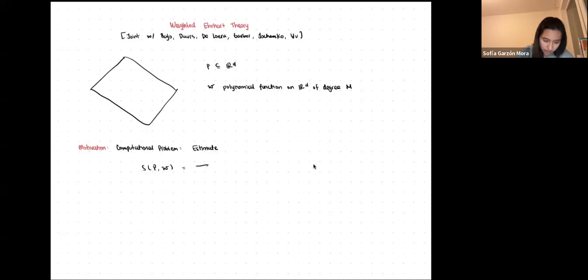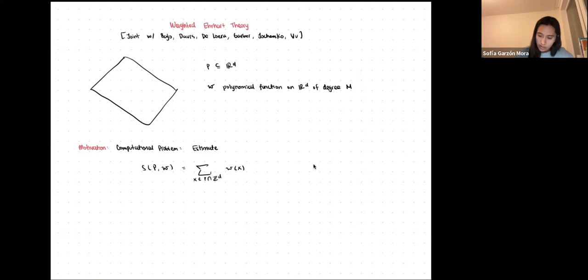Basically it was just taking all lattice points in the polytope, computing the weight at each lattice point, and just adding them all. This was a hard problem, but this is precisely why weighted Ehrhart theory comes into the picture.